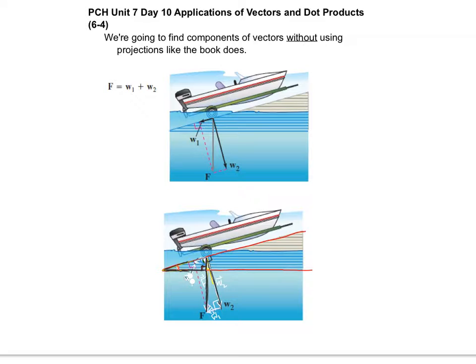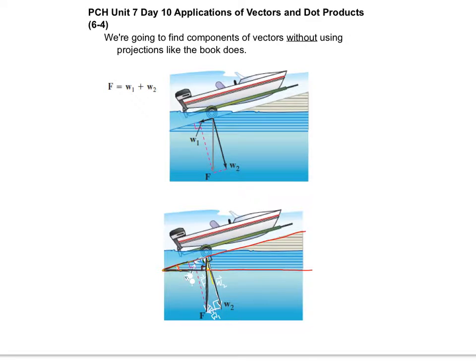We did a problem with this image specifically last Friday where we knew the vector pushing down and we knew the angle, and we wanted to figure out how much weight this boat and trailer combined were. So we were looking for the magnitude of vector F here.